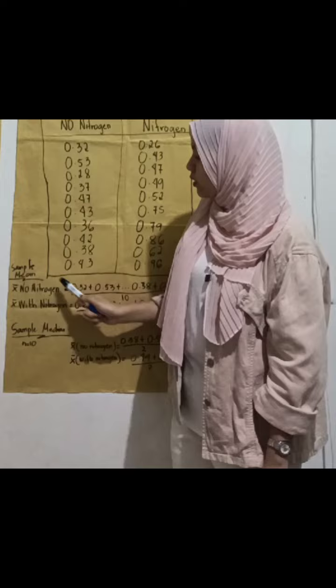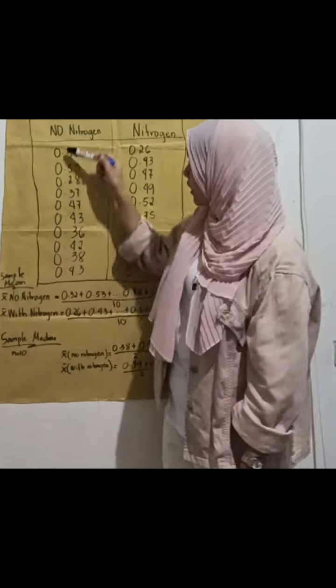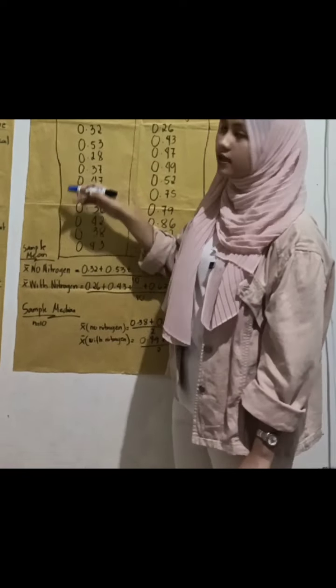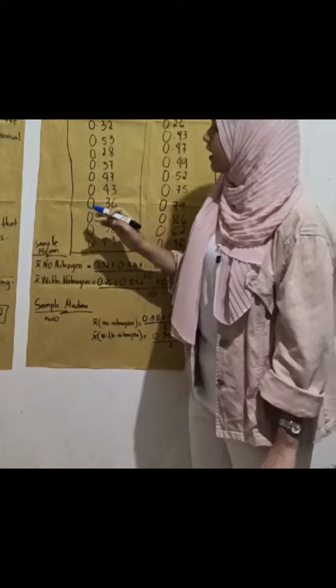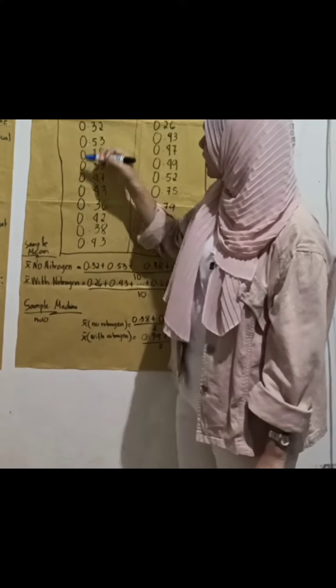In getting the sample mean, just like what we did in example number 1, we will start with this no nitrogen. We just add all of these and count how many numbers or sets we added. 1, 2, 3, 4, 5, 6, 7, 8, 9, 10. So our n here, what we divide by after adding, is 10.